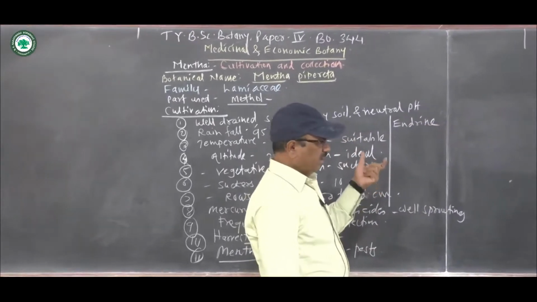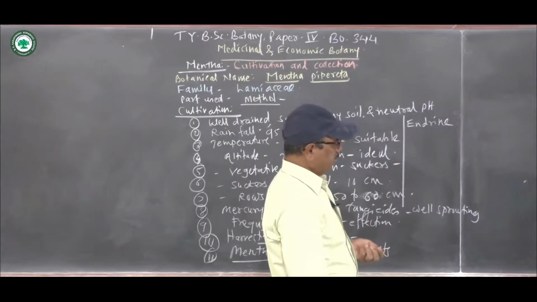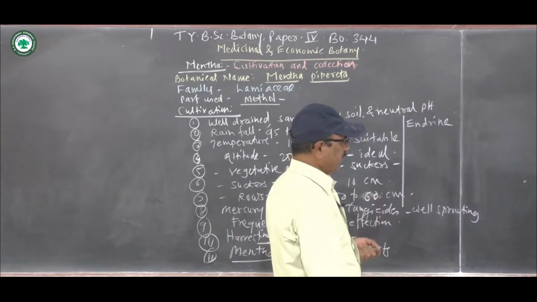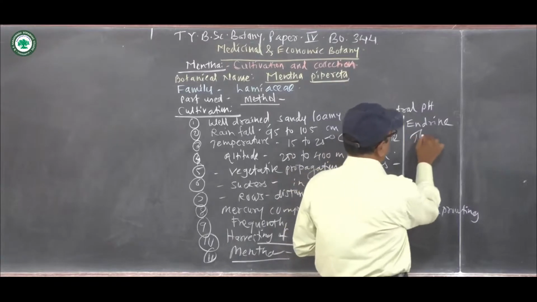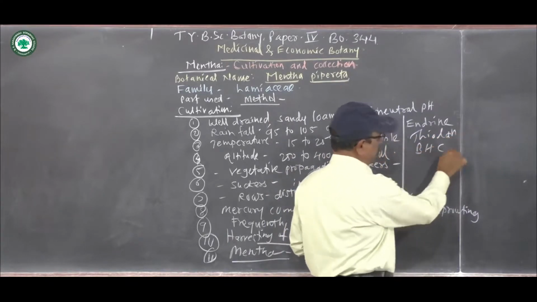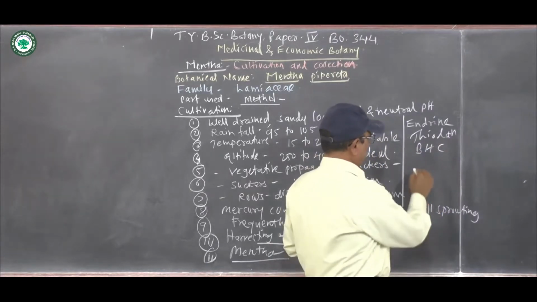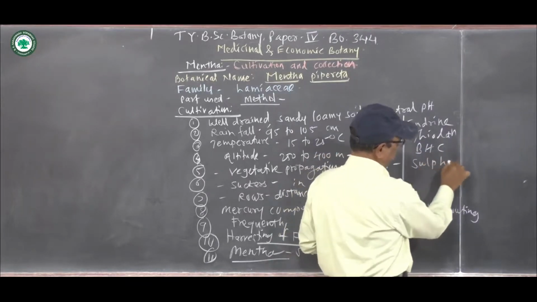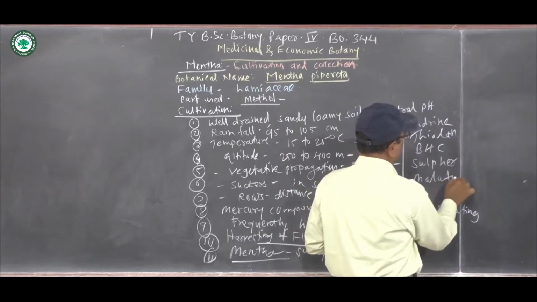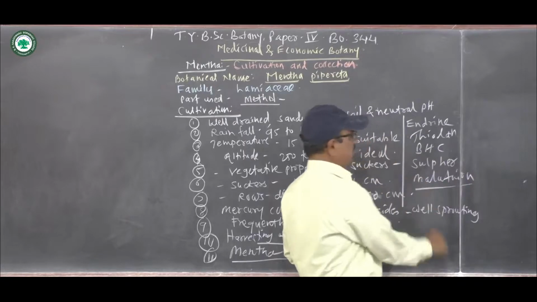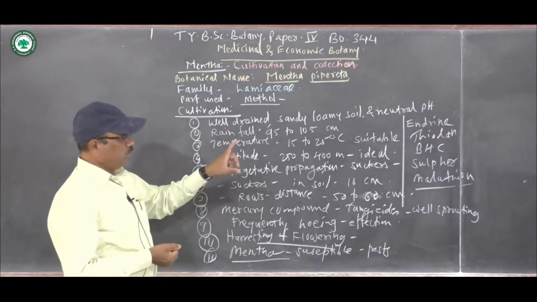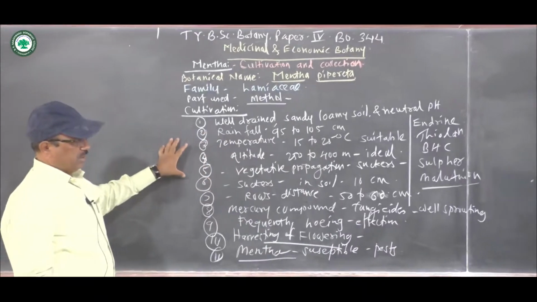This endrin is the best pesticide to control different types of pests. Then thiodan, then benzene hexachloride, that is BHC, sulfur, and malathion. These are the different types of pesticides which are commonly used to control this pest.